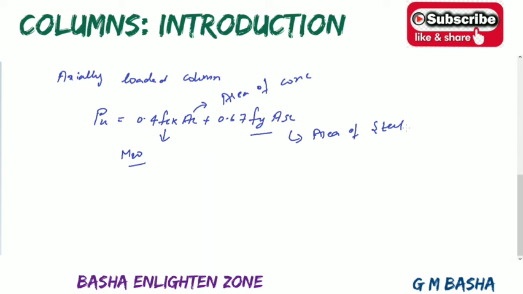Based on this formula, we can find the axial load on the column or the area of steel, all the things one by one. One more point you have to know is the minimum eccentricity formula.